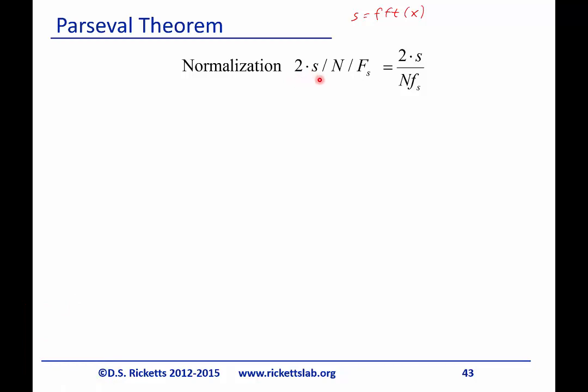The FFT is S, N is our number of samples in our FFT, and Fs is our sampling frequency. And I just want to note that Matlab uses this notation where a slash and the next one is divided by. If you do another slash, it divides by the next one. So this is all equivalent to what we see here on the right with both N and Fs in the denominator.